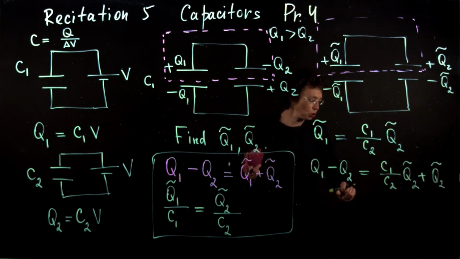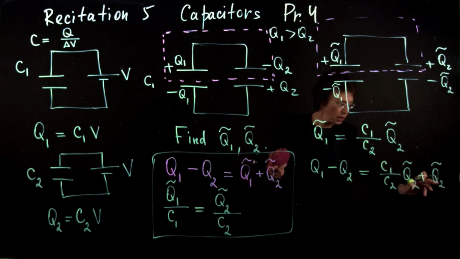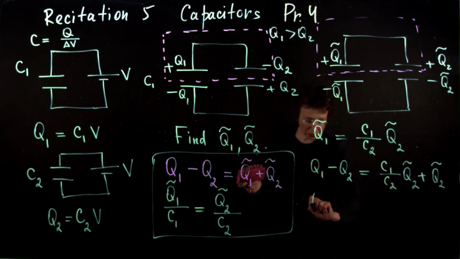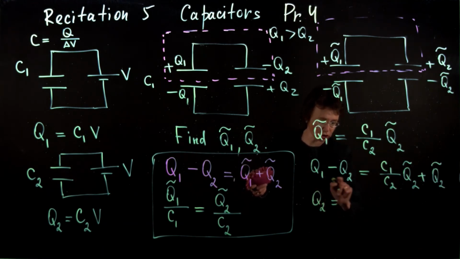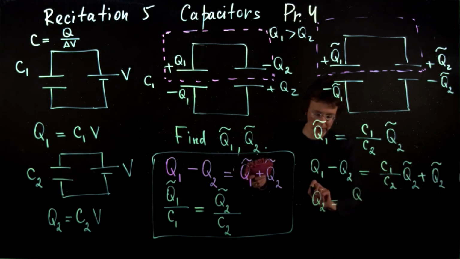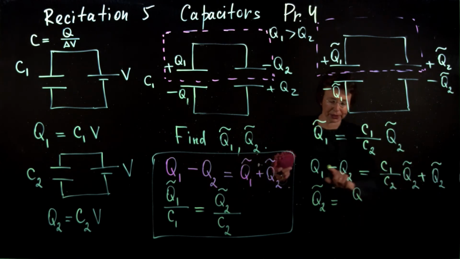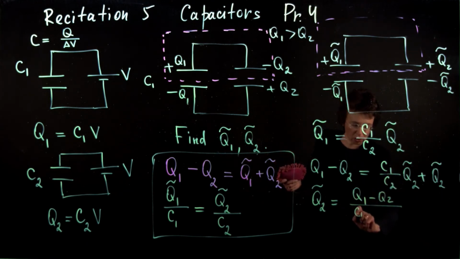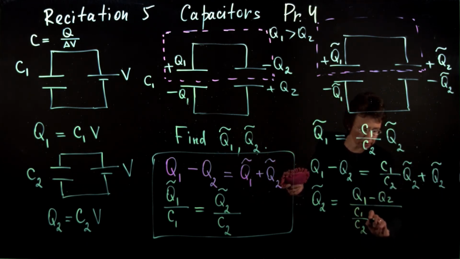So I factor out Q2 tilde. Here then I have C1 over C2 plus 1. So Q2 tilde is Q1 minus Q2 divided by C1 over C2 plus 1.